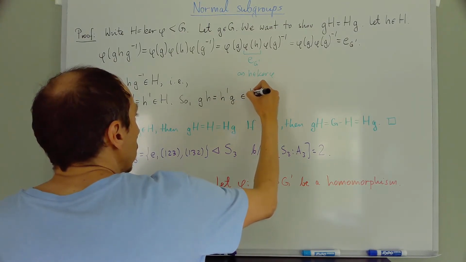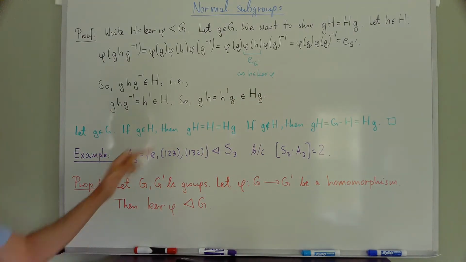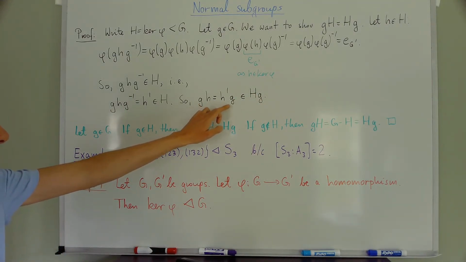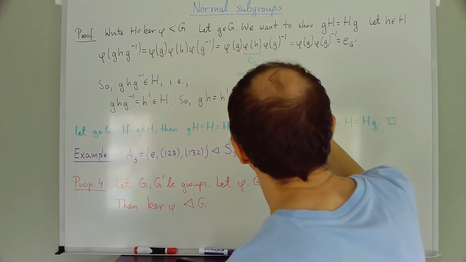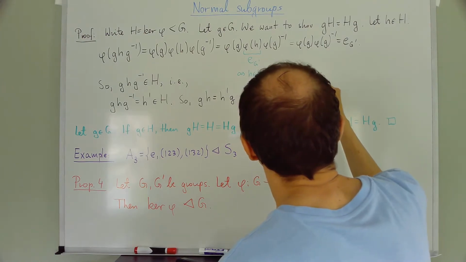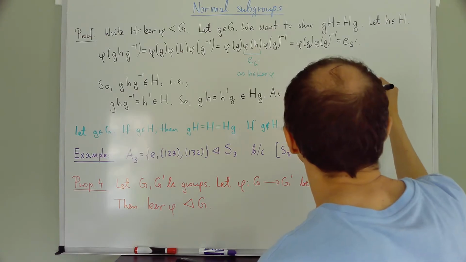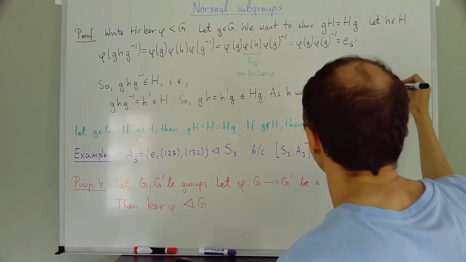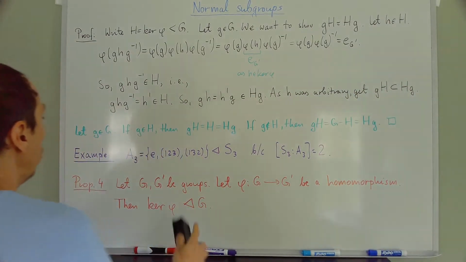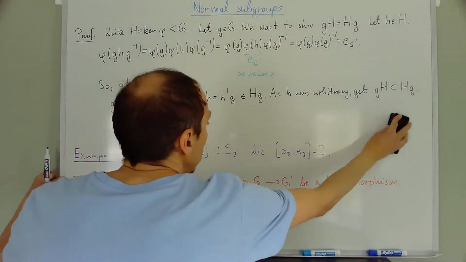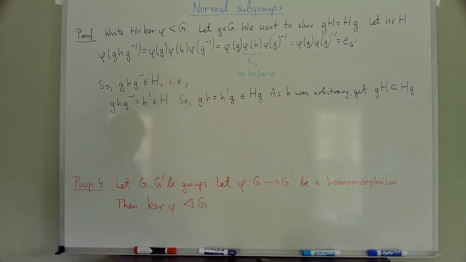Which means it belongs to this coset: h' comes from H, and there's g. But as h was arbitrary, we get that gH, therefore, is a subset of Hg. Okay, so what we have achieved is one containment. gH is contained inside Hg.